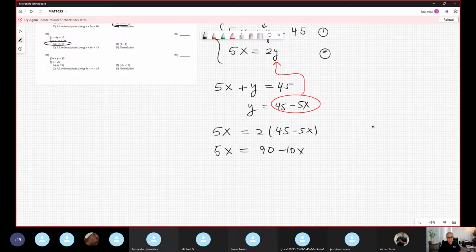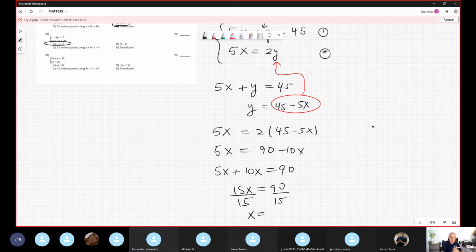My goal is to solve for x. So I move it: 5x plus 10x equals 90. This is 15x equals 90, divided by 15 on both sides. I suppose it's 6, no? Just in case, let me check in the calculator. 90 divided by 15. Yeah, it's 6.